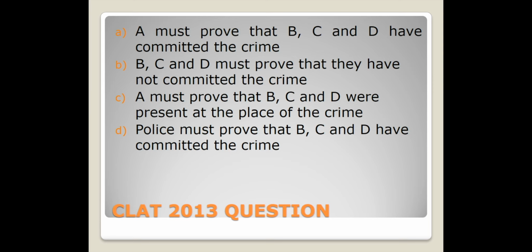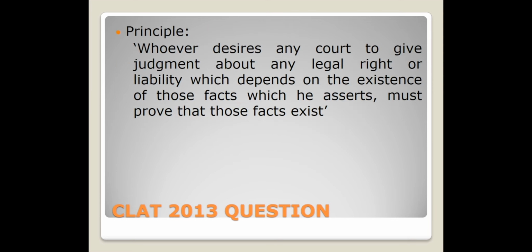Let's go back to the principle and read it in light of the facts of the case. Whoever desires any court to give judgment about any legal right or liability which depends on the existence of those facts which he asserts. A is asserting that B, C, and D were involved in a criminal conspiracy. So he wants a judgment on the basis of that assertion.